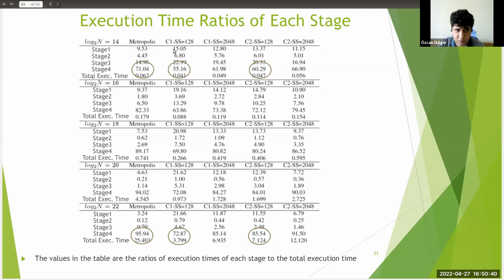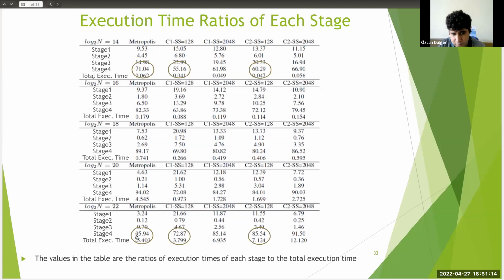For C1, where S segment size is 128, the ratio of resampling is 55% of the total execution time. For C2, where S segment size is 128, the ratio of stage 4 to the total execution time is 60%.